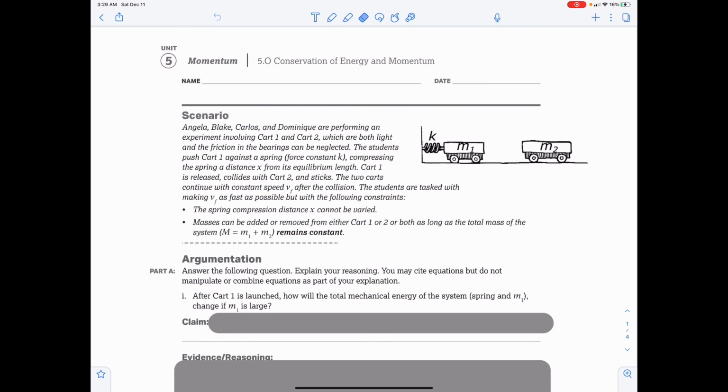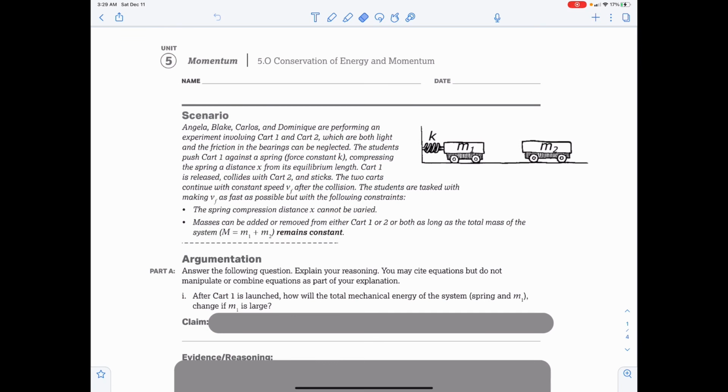The students are tasked with making v final as fast as possible with the following constraints. First, the compression distance cannot be varied. So we're going to basically be pushing back to the same distance. Now, that doesn't mean the stored energy is going to be the same because you can vary up the... well, actually, no. I take that back.